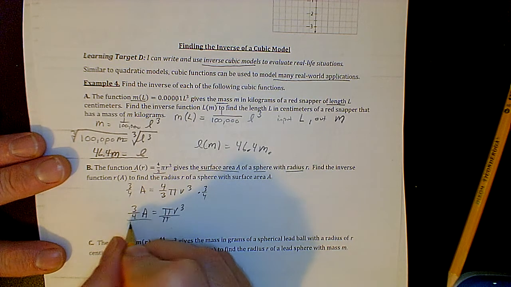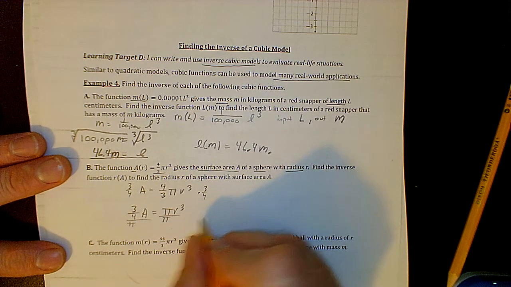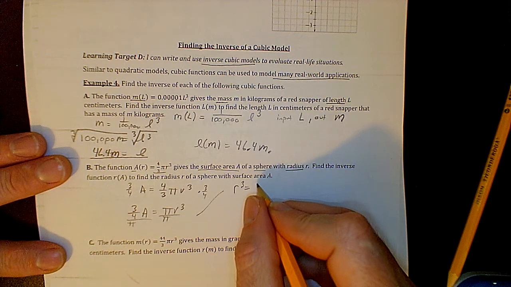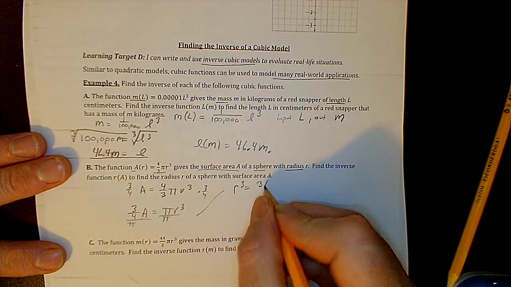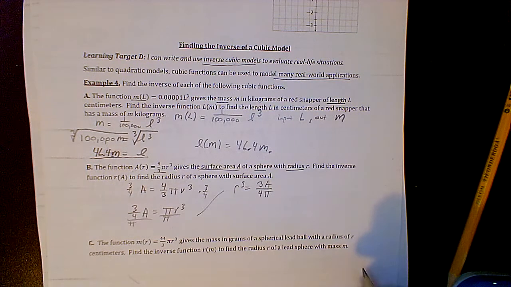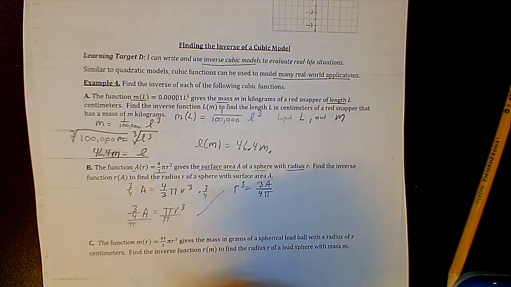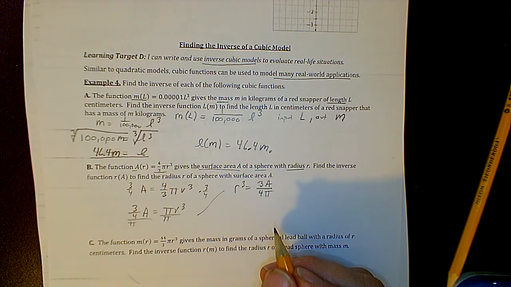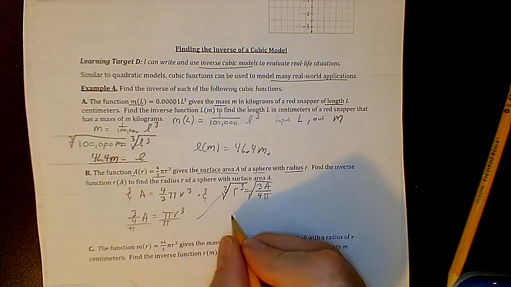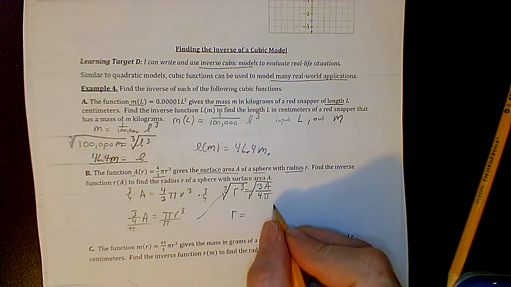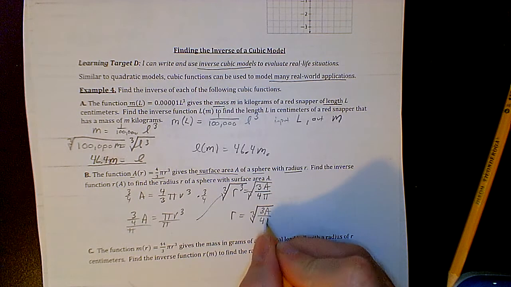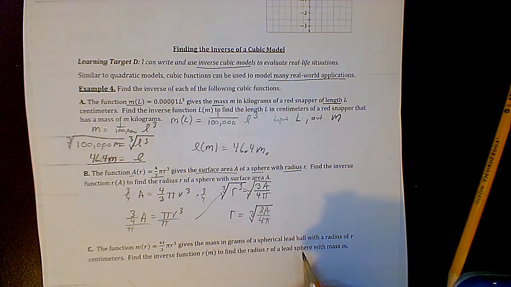Divide this side by pi, and we get our radius cubed is equal to 3a over 4 pi, which is probably the best way to write that. Pi is going to flip over and go on the bottom. Then we take the cube root of everything. So your radius is equal to the cube root of 3a over 4 pi. And that's it.